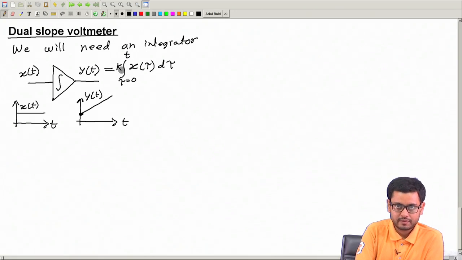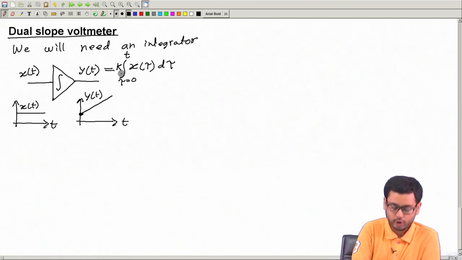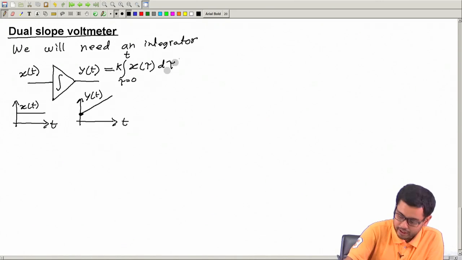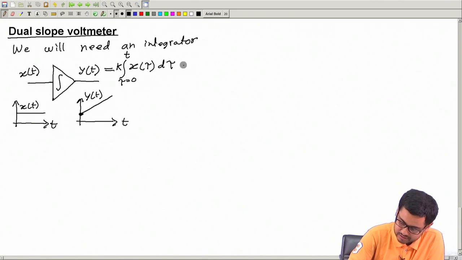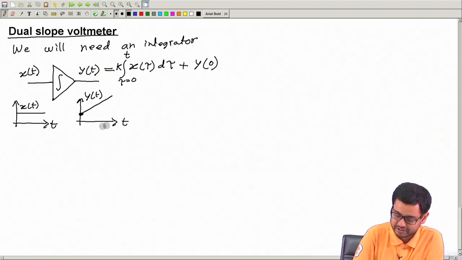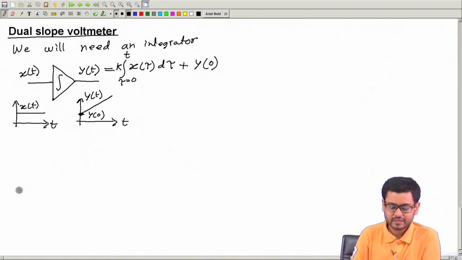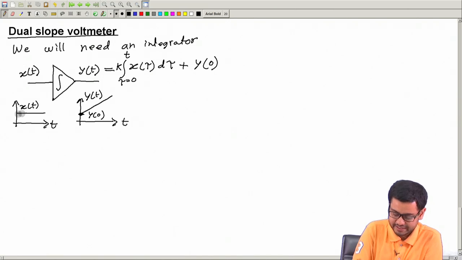K can be 1, k can be not equal to 1 also. And to be more mathematically precise, I can also put a starting value y(0), where y(0) is this.